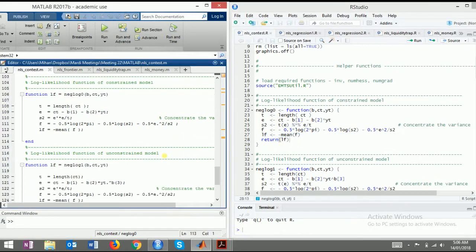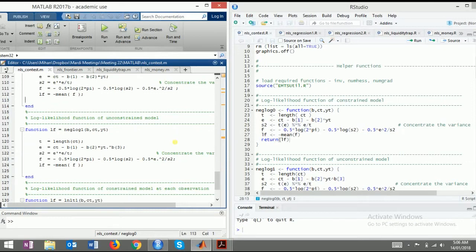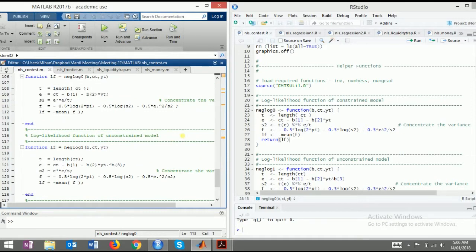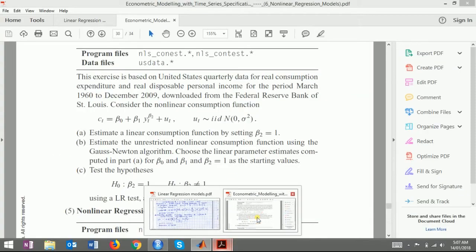Now with the unconstrained model, we want to estimate beta 3 as well. Here we didn't have beta 3 before, so it is ct minus beta 1 minus beta 2 yt to the power beta 3, coming from this equation.